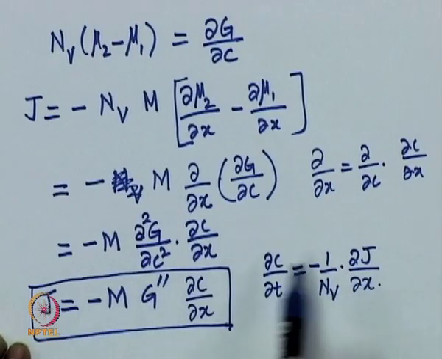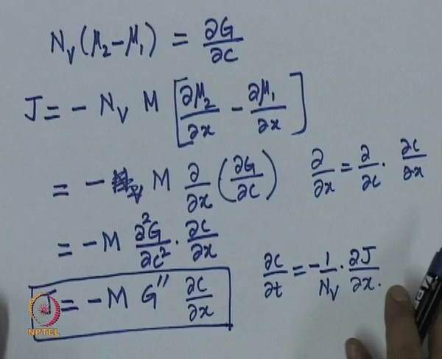Now, let me put this j into this expression. So, what do I get? I get an expression for the rate of change of composition in terms of the concentration gradient, which is what the usual Fick's law is.